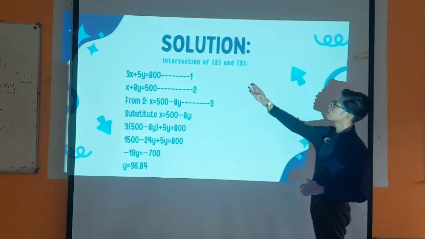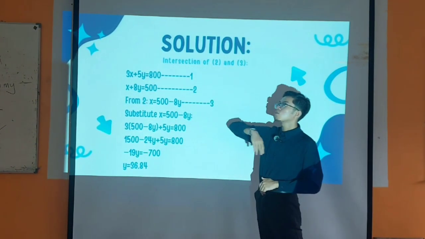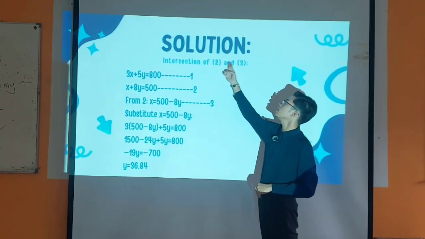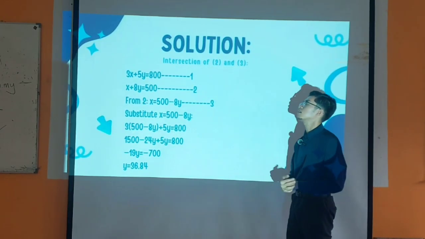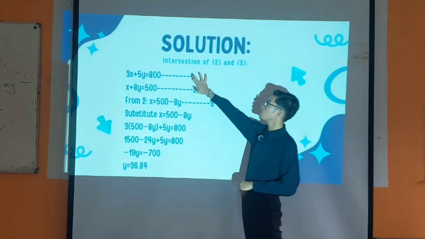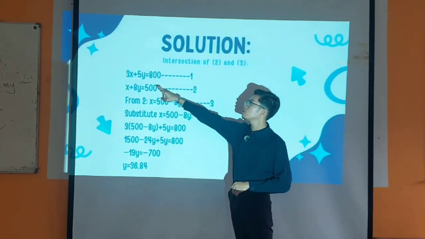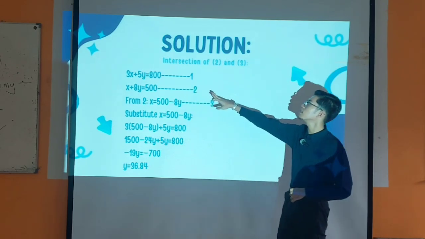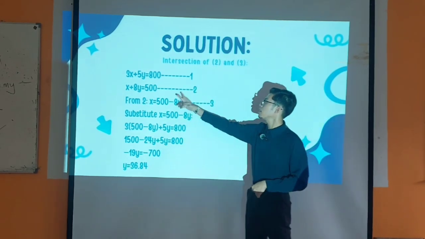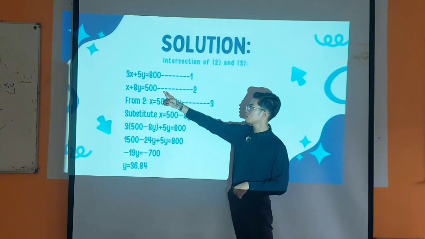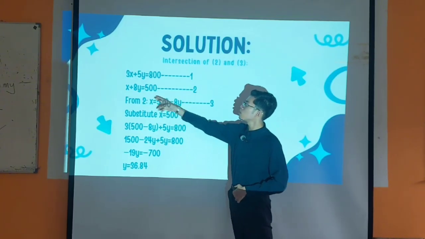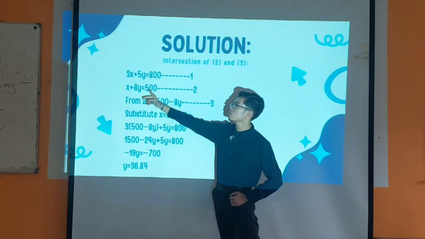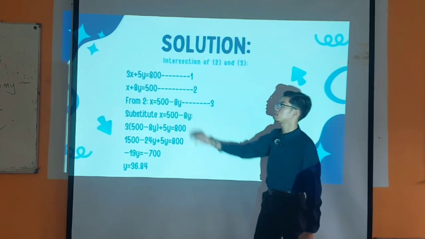Okay, for the third solution, we will find the intersection of the second equation and the third equation. So for the first equation, we will be using 3x plus 5y equals 800, which is the second, and for the number 2, we will be using the third, which is x plus 8y equals 500.